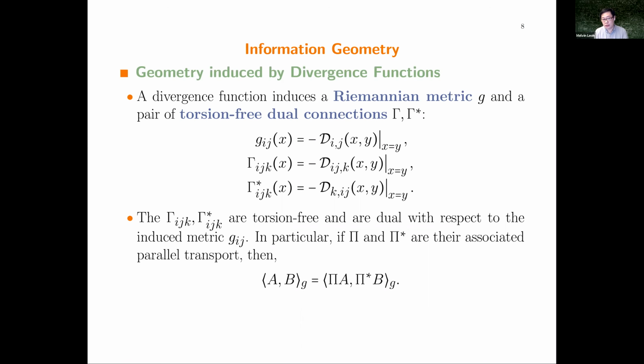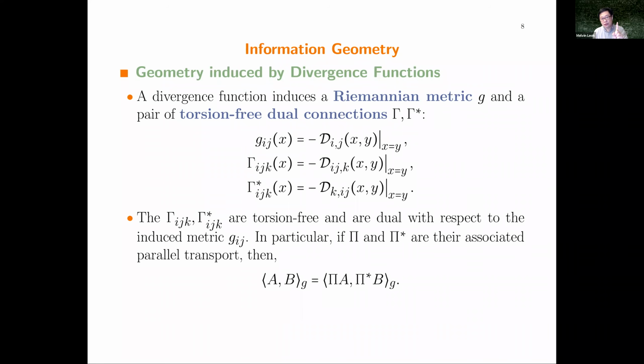So something similar happens in the case of these pairs of affine connections. Here I said that they're torsion-free dual connections. And the duality between these connections has to do with the following thing. There are two different ways of parallel transporting vectors.